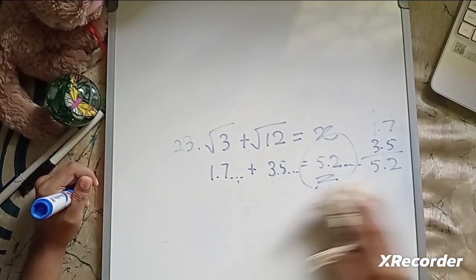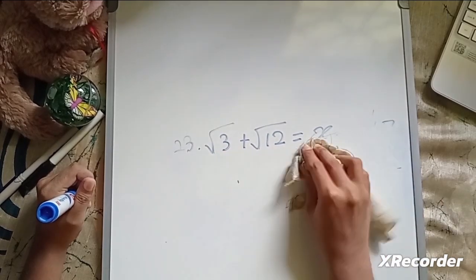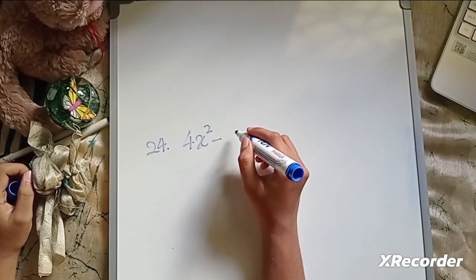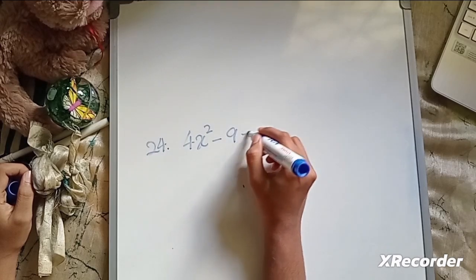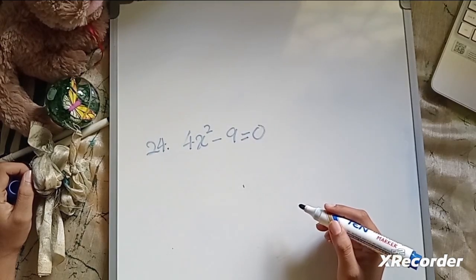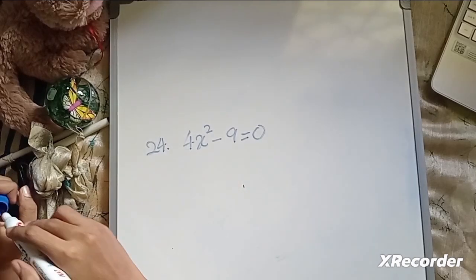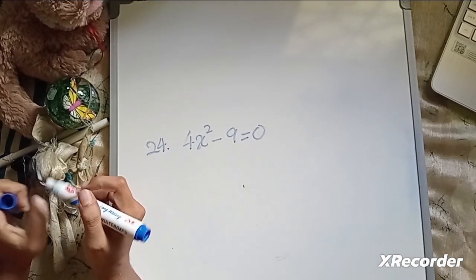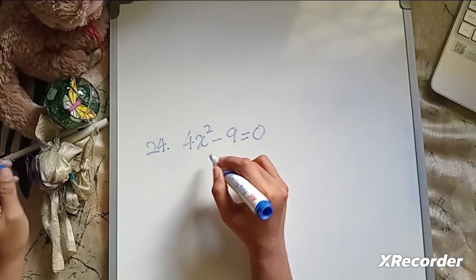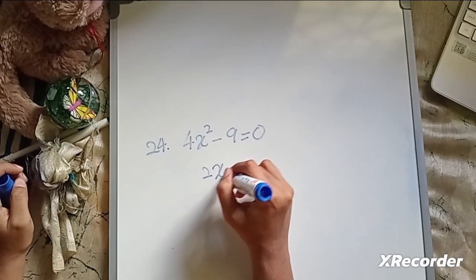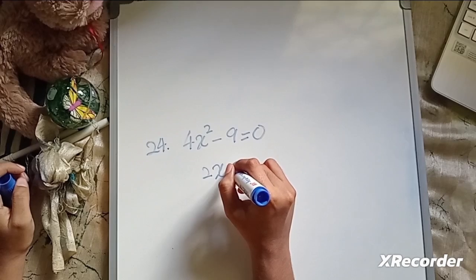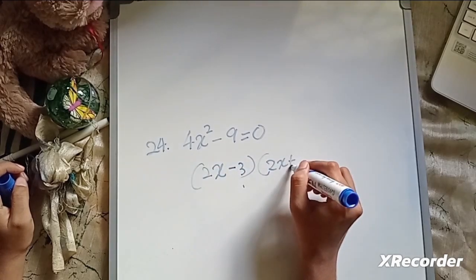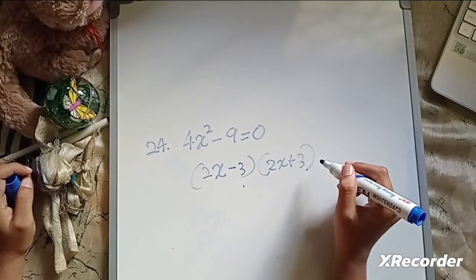But if you forget this square root's value, 4x squared minus 9 equals 0. So we can write this as 2x minus 3 and 2x plus 3.